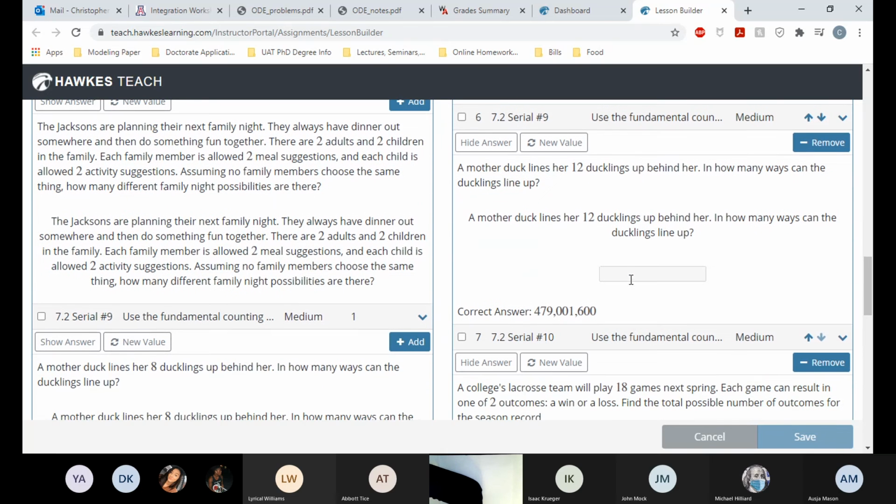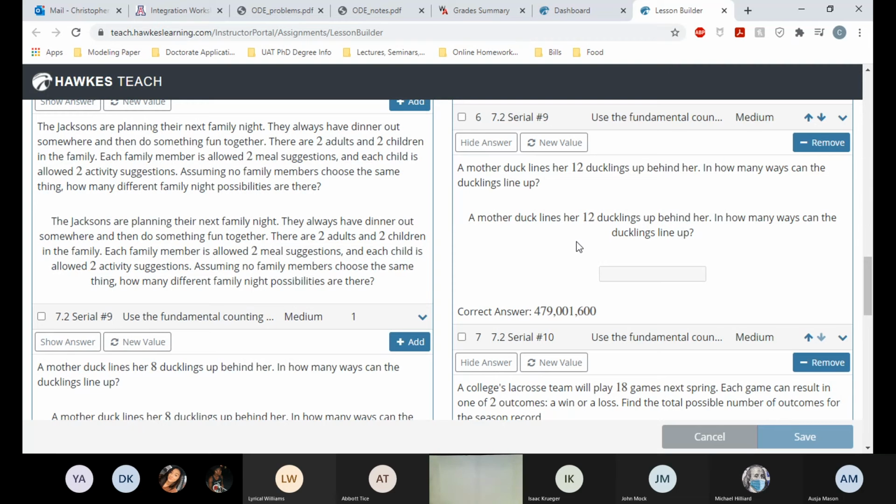All right, a mother duck lines her 12 ducklings up behind her. In how many ways can the ducklings line up? So this one is not a permutation or a combination necessarily. This is one of the problems where you'd want to draw out a little diagram, like the little horizontal line diagram, like 12 little lines representing each little duck.